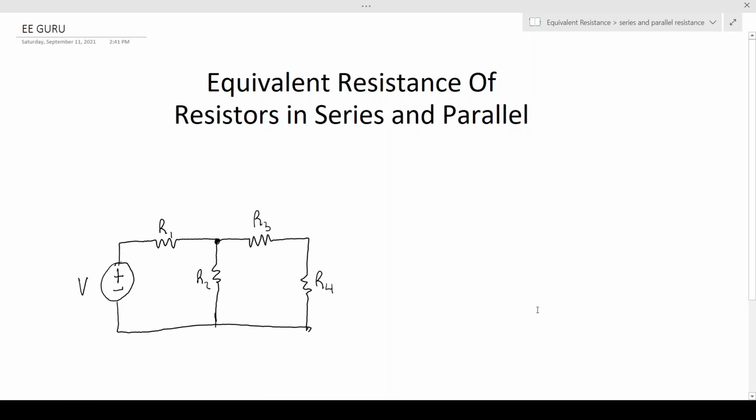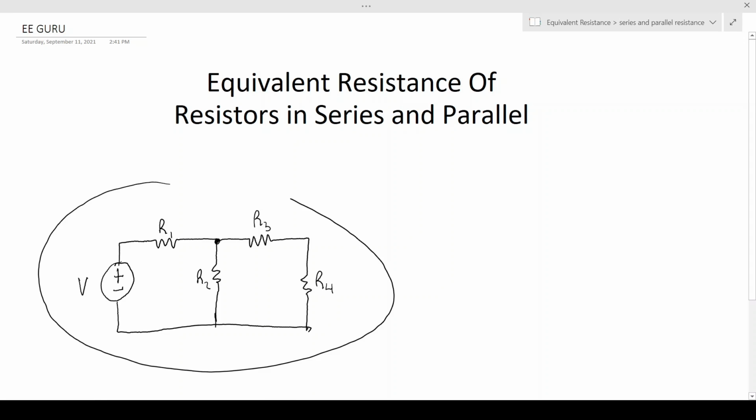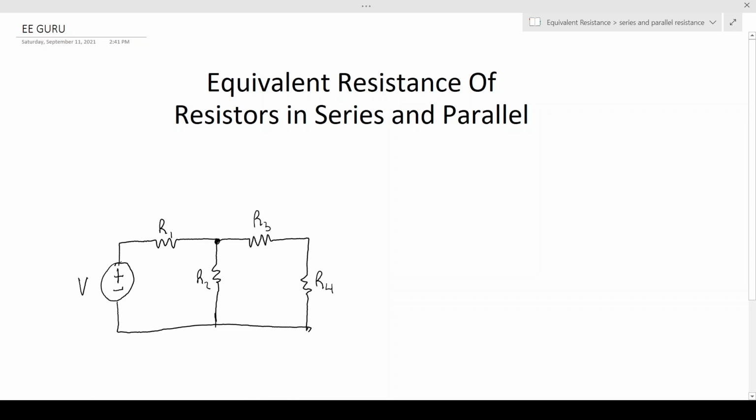Now we're going to get into simplifying more complicated circuits. The circuit that we have below right here has a combination of both series and parallel resistors within the circuit. The way we're going to simplify this circuit into a simple circuit is by breaking it down into smaller chunks of simplified circuits until we get down to a simple circuit.